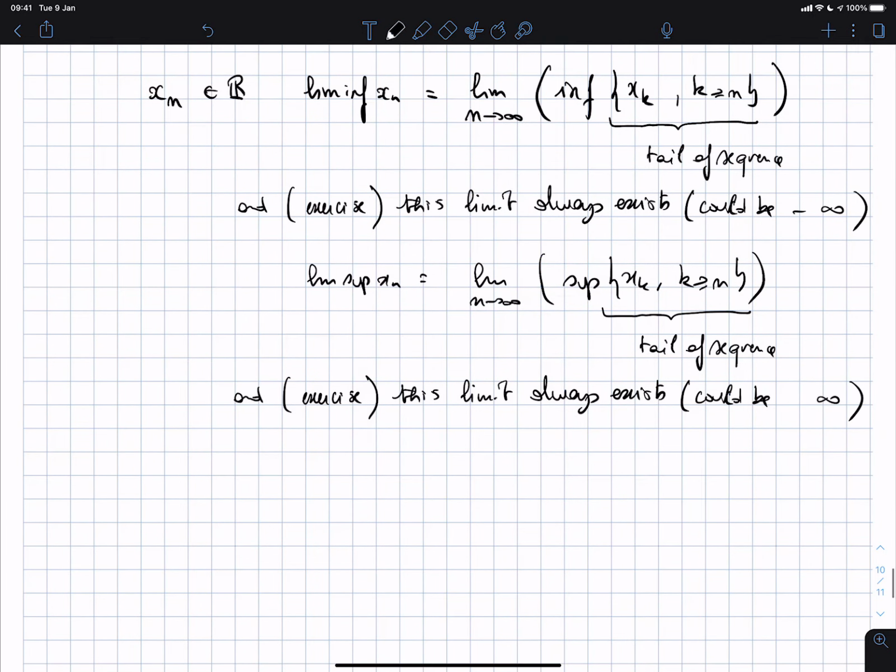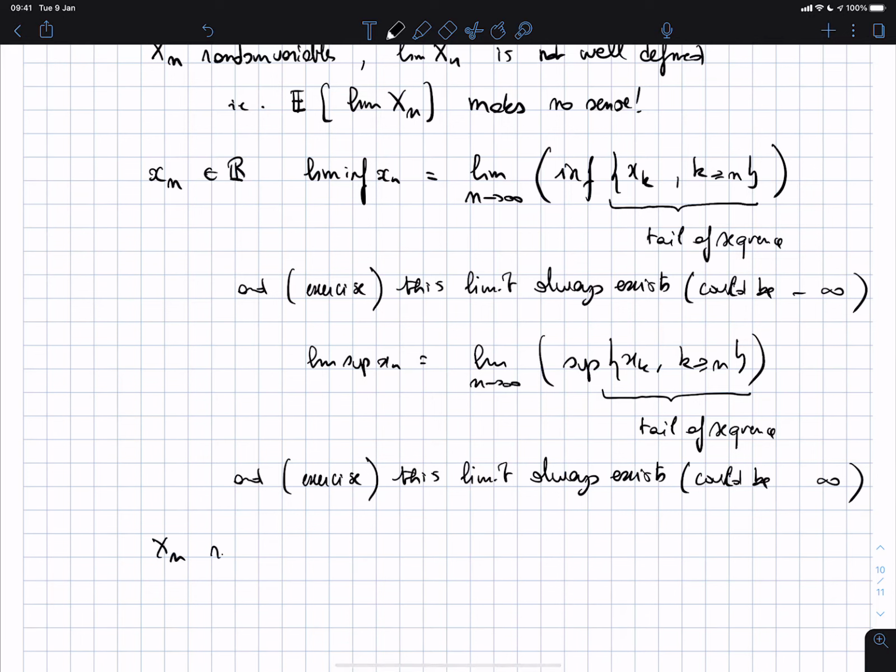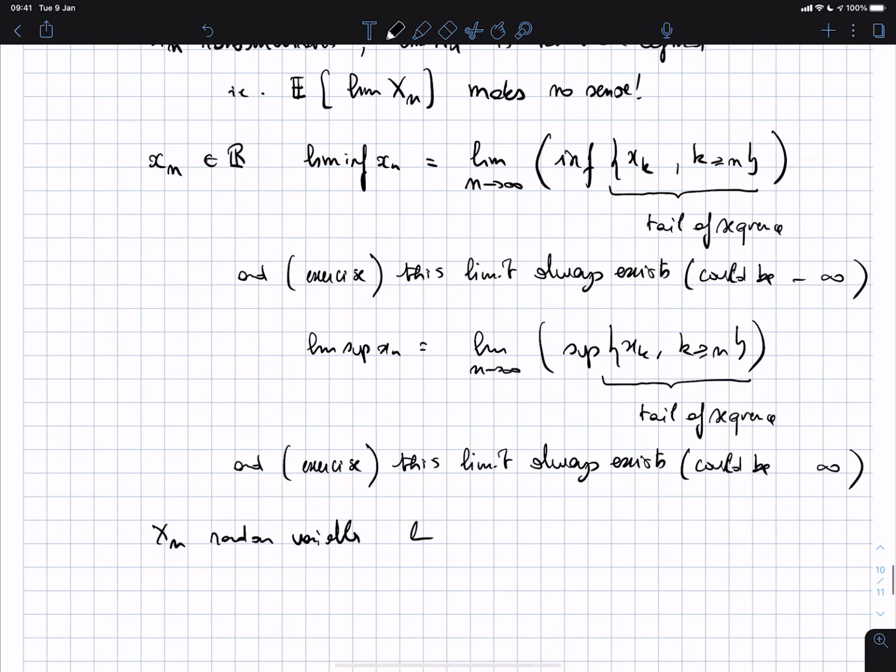And as a consequence, if you have xn, a sequence of random variables, this limit inferior and limit superior always exist. So they are well-defined random variables.